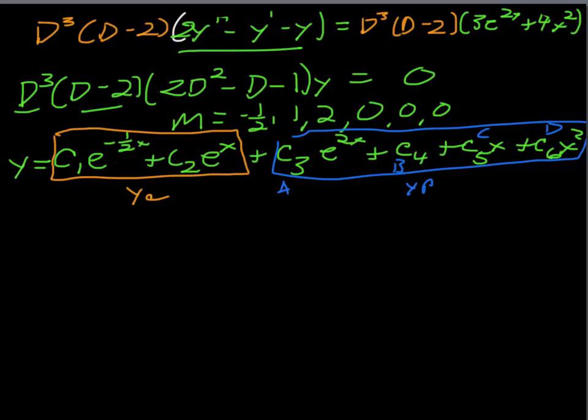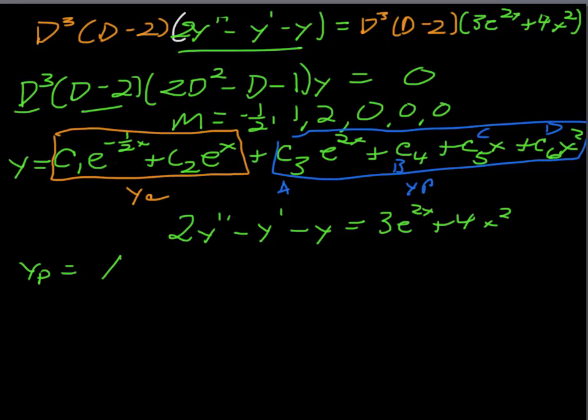Okay, the original equation was 2y double prime minus y prime minus y is equal to 3e to the 2x plus 4x squared. So this means we have to find both derivatives of this here. So yp is equal to a e to the 2x plus b plus cx plus dx squared.